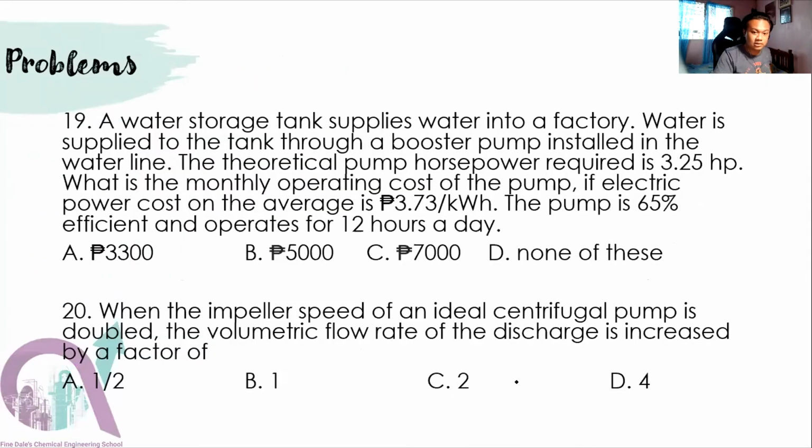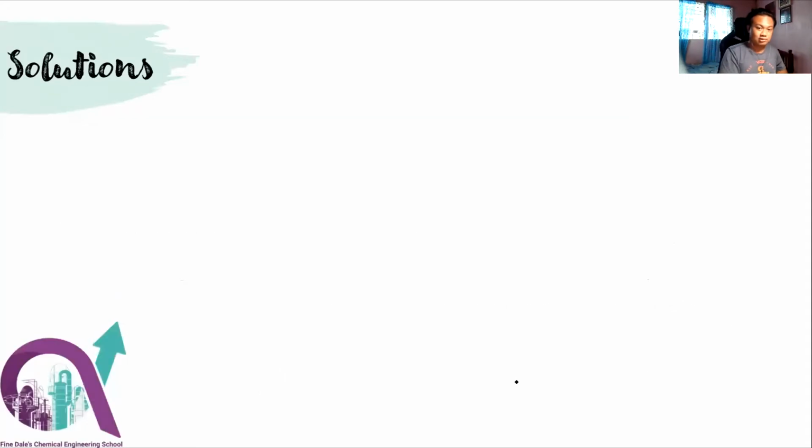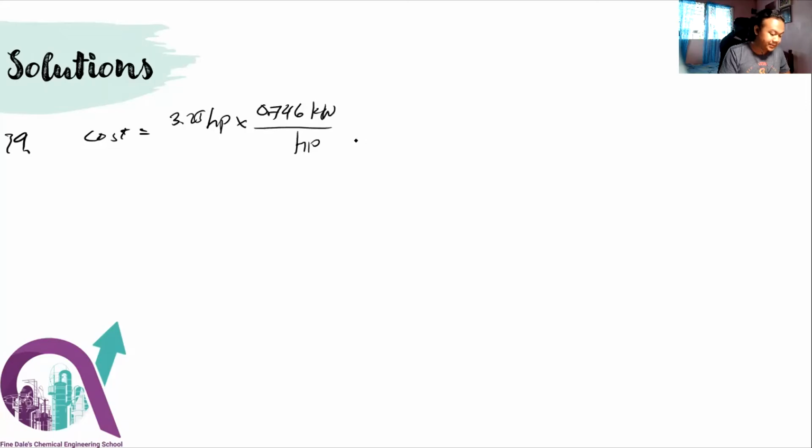Number 19, the storage tank. Please read that, and if you don't know how to answer that, this is the solution. So cost is equal to 3.5 HP times 0.746 kW per HP.